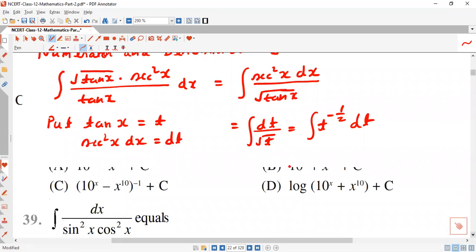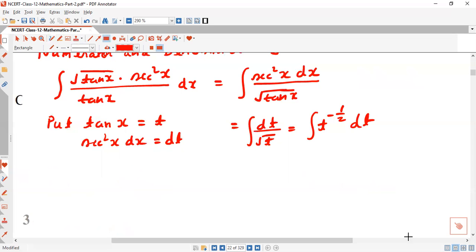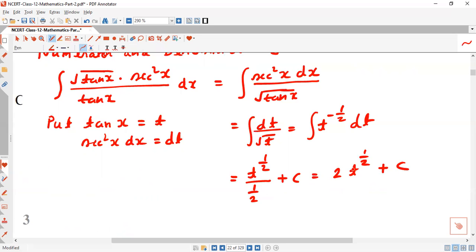Taking the integration, it becomes t raised to half upon half plus c, or 2 times t raised to half plus some constant c. Put the value of t equal to tan x, so it comes out 2 times root tan x plus some constant c. This is the answer of this question.